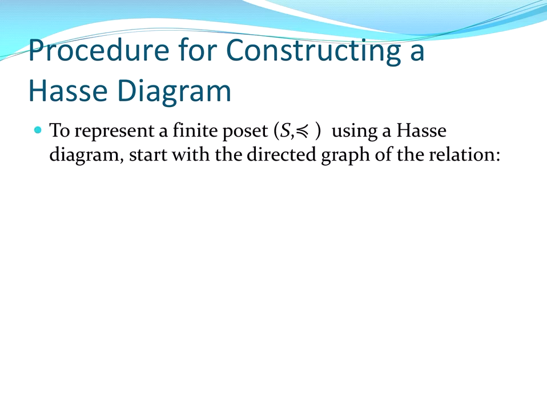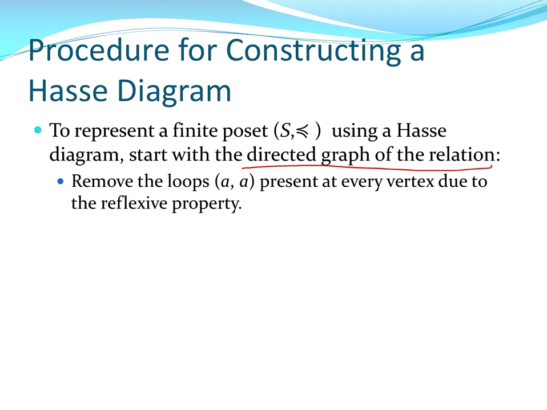All right, so this tells you to write a digraph for the relation. I'm going to suggest you don't do that, but we'll just go with the slide as it's written, because it does have that issue of arranging the elements vertically properly. Again, we remove loops, or we just never draw them in the first place.